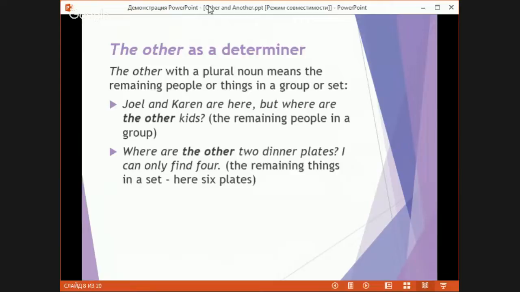Joel and Karen are here, but where are the other kids, the remaining people in a group? Where are the other 2 dinner plates? I can only find 4. The remaining things in a set, like a set of 6 plates, and we have only 4, and we are looking for the other 2 dinner plates. Plural form, we say the other, meaning remaining.